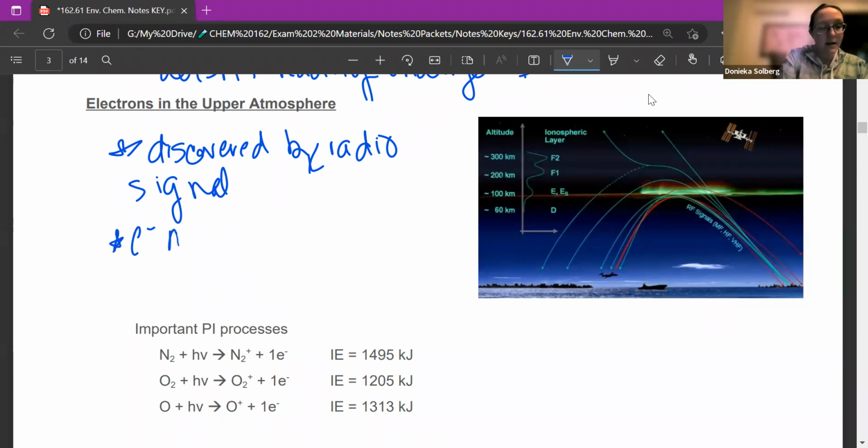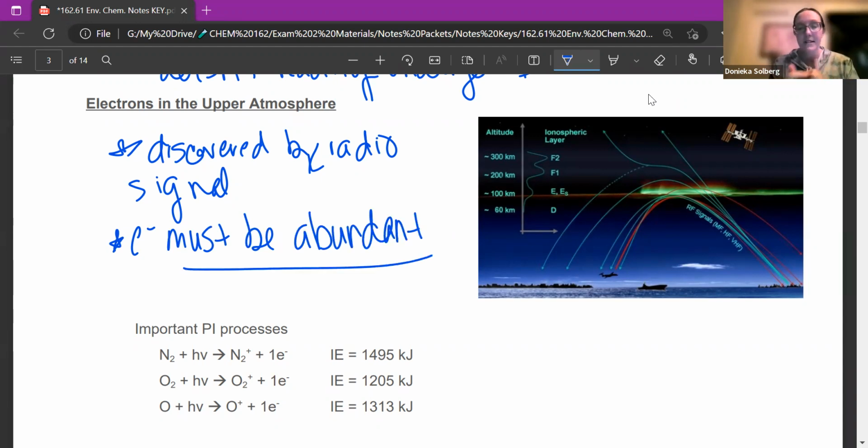That was because we were seeing those differences in the upper atmosphere where they thought there wasn't anything. But there's got to be electrons up there, and the reason they're there is because of the photoionization process.